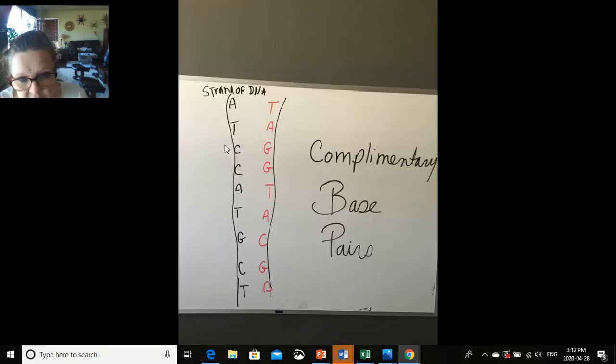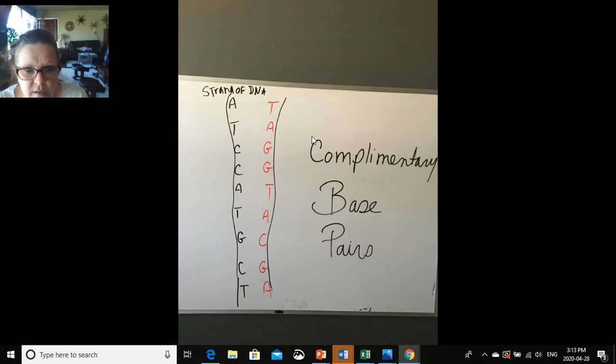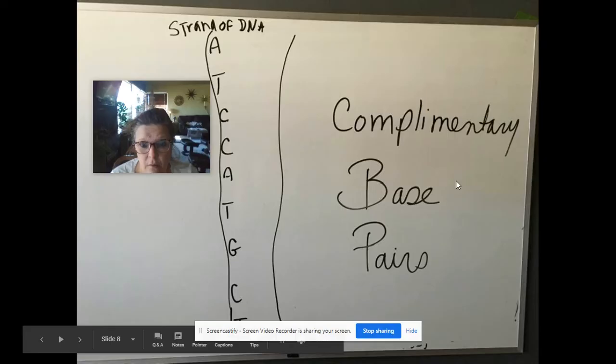Okay, so hopefully you did that, and hopefully you didn't find it terribly hard. It really is just remembering that the A's and T's go together and the T's and A's go together. So A, the complement to that would be T, and T would be A, C would be G, and so forth. So those are the complementary base pairs on the strand of DNA.